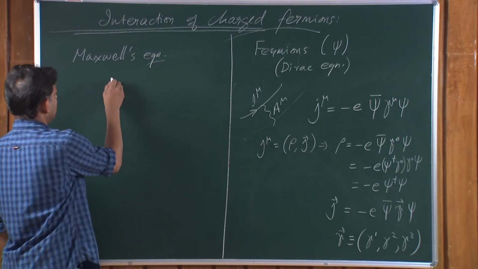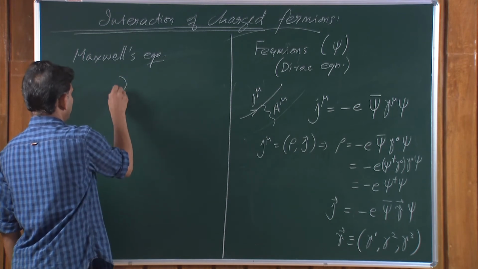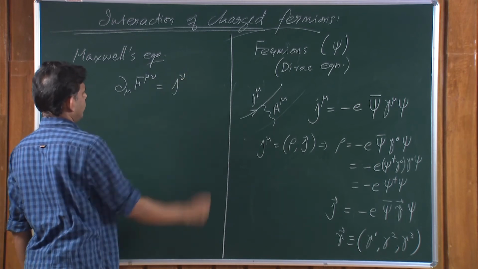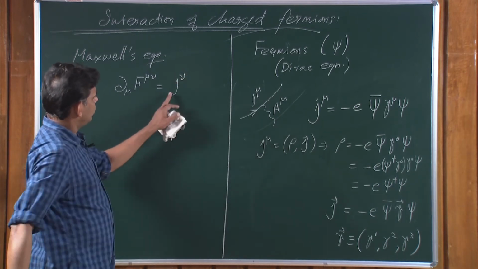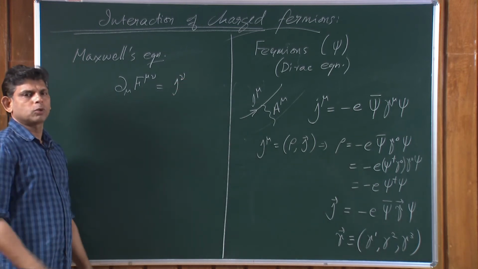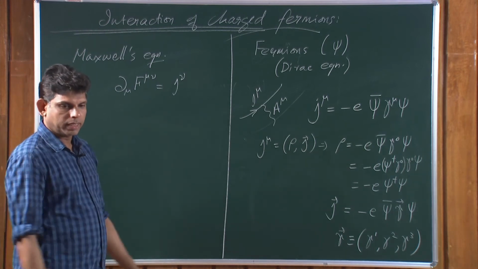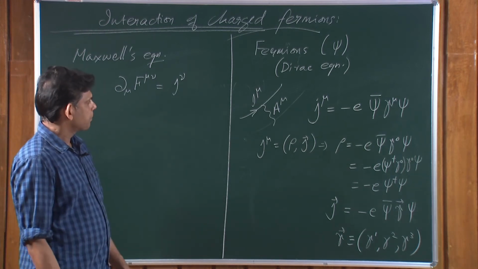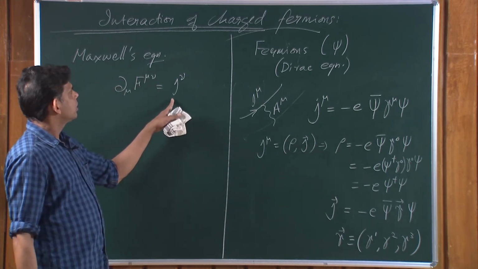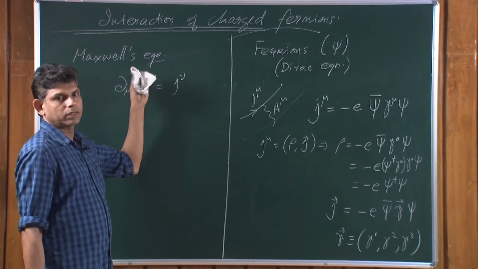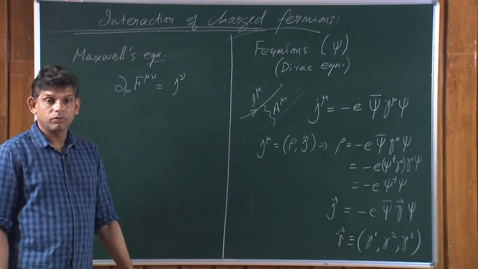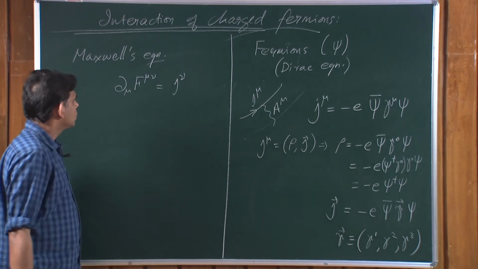Maxwell's equations were written as dou mu F mu nu equal to j nu, where j nu is the current density, the source of the electric field, and we can write it in terms of rho and j. Okay. And that is what we have in the classical electrodynamics case. F mu nu are the field tensors, which we are again familiar with, we had discussed it earlier. So, this is what it is.